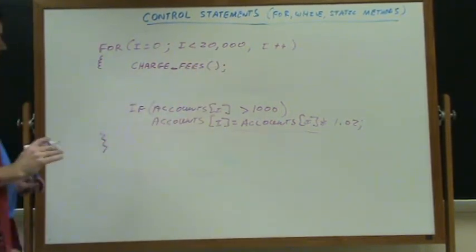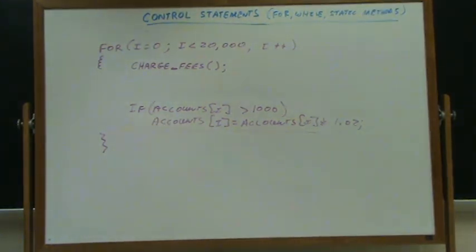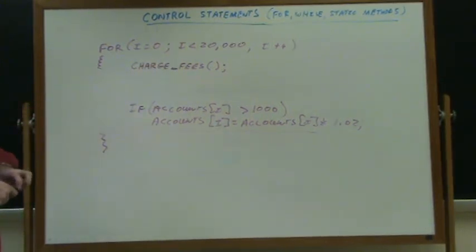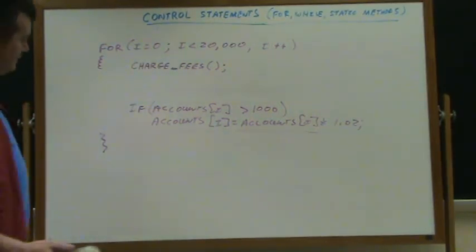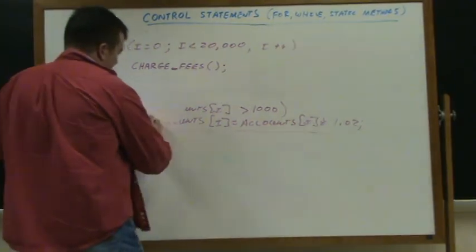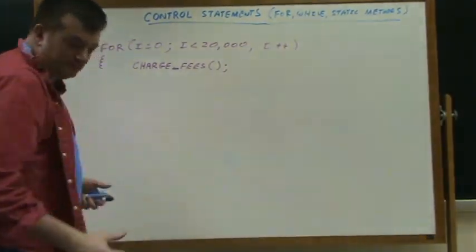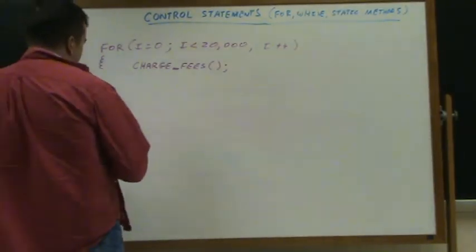If we could do something like that, just say charge fees, and the stuff that I just erased would get done by just saying charge fees. That would be kind of good. And then maybe this would get erased, and this would be add interest.